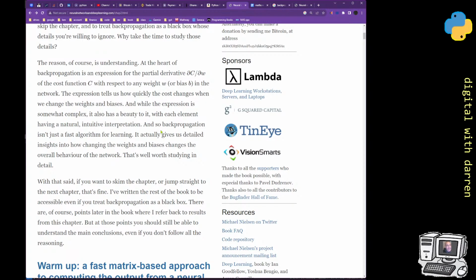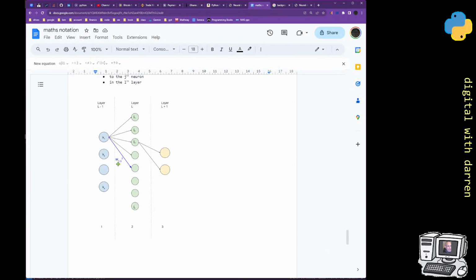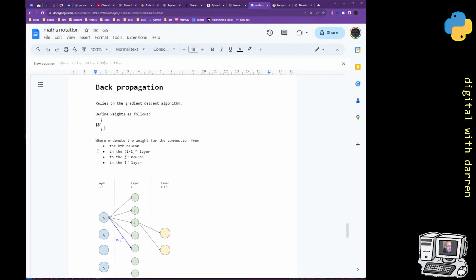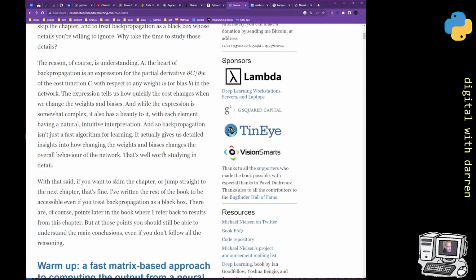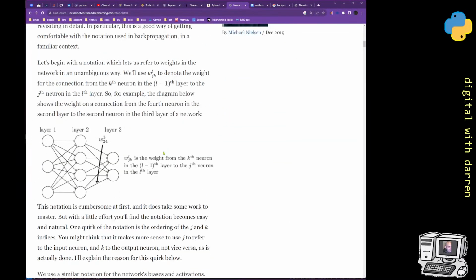It's just letters, and actually what we're talking about is just these four letters here: W, which is the blue line that we're talking about, L, which is the layer, J, which is the jth neuron, and K, which is the kth neuron. I'm going to be careful about one thing: I want to make sure in the picture that it's similar.